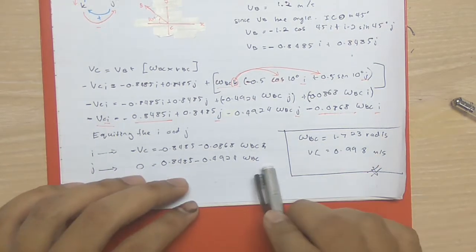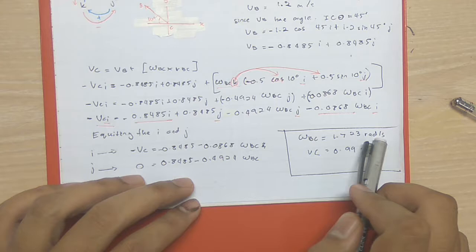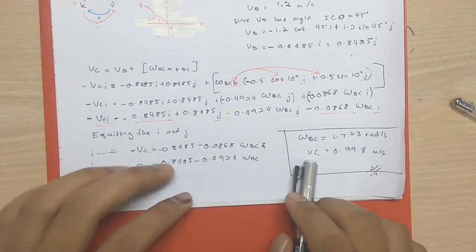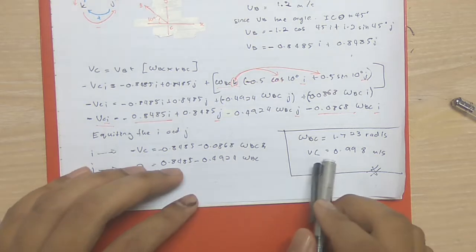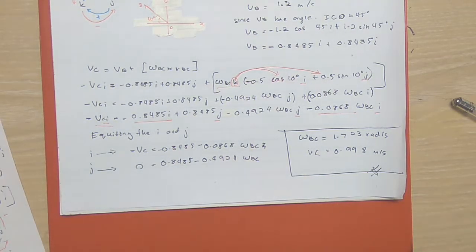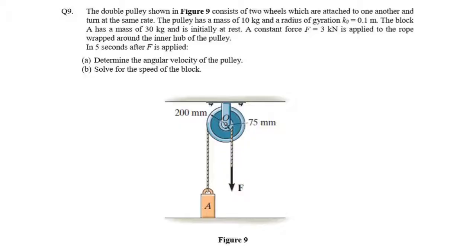We get the omega BC 1.723 radian per second, and velocity of C we get 0.998 meter per second. I think that's all for now. After this we'll proceed with question 9.